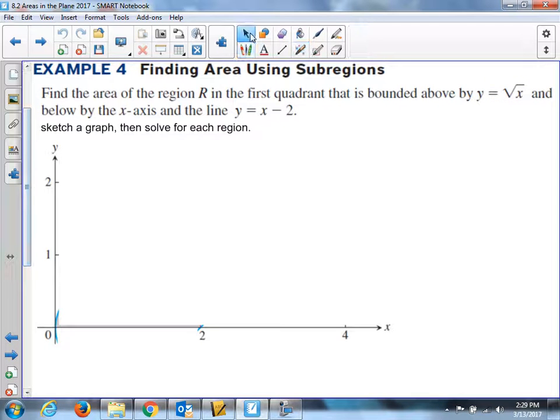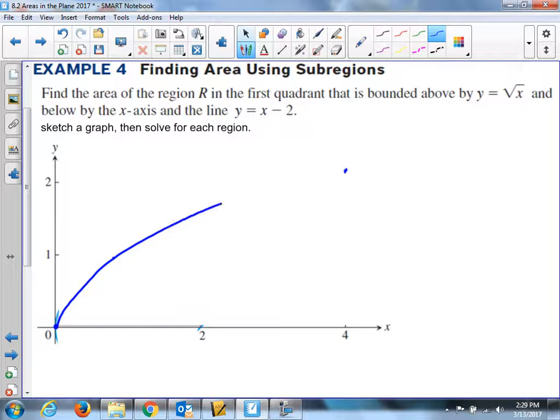Okay, so if I do that one, I'm doing blue. 1 would be 1, about here. I'm just approximating it. 4, the square root of 4 is 2. I'm just approximating here. That's not bad freehand, for a guy like me.